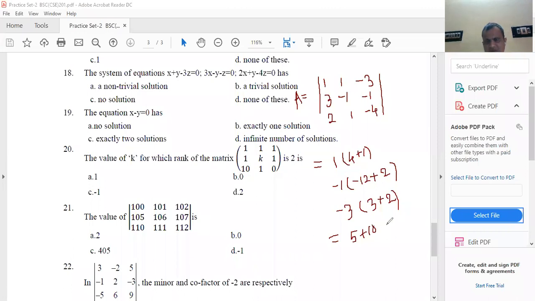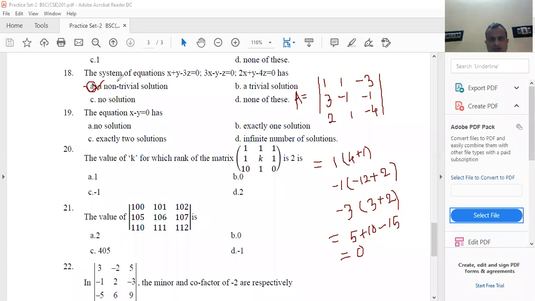So the result becomes 0. Since the coefficient determinant value equals 0, we can say that this homogeneous system of equation must have a non-trivial solution. So a non-trivial solution is the correct answer. Clear?